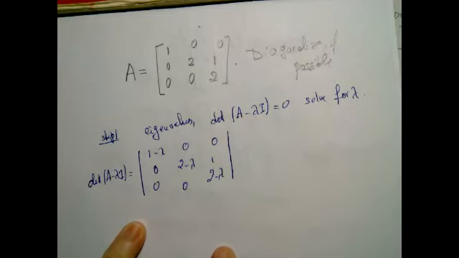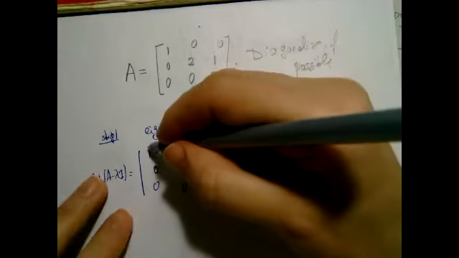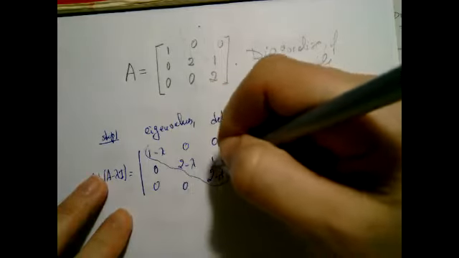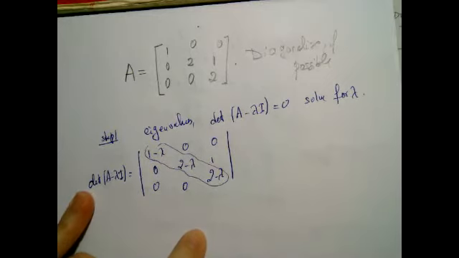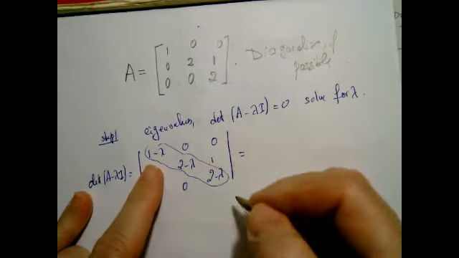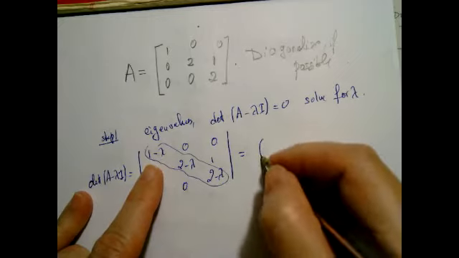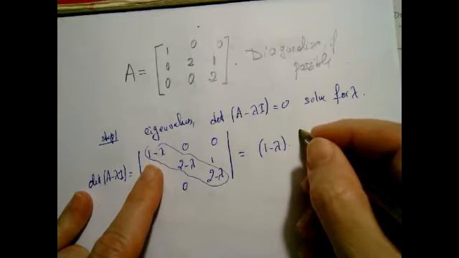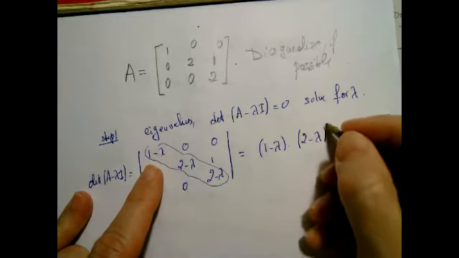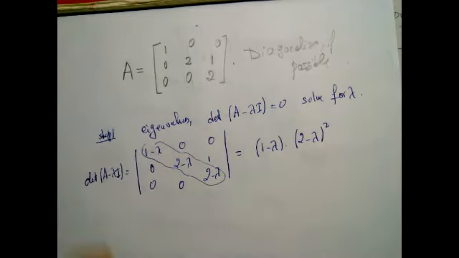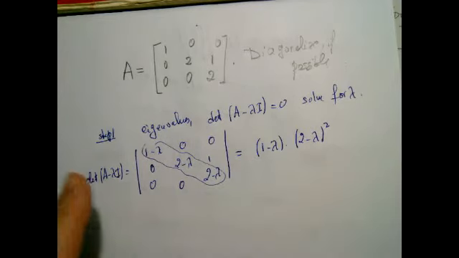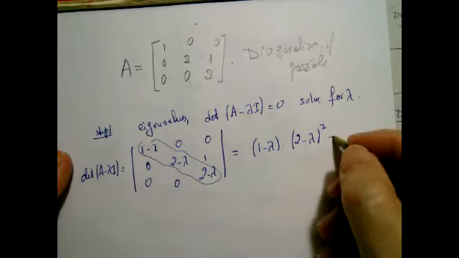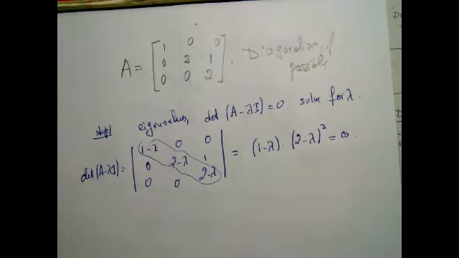Remember, I mentioned last time that this is actually what we call a triangular matrix, because everything above the diagonal is 0. So if you have a triangular matrix, then the determinant is the product of the terms along the diagonal. So this is 1 minus lambda times 2 minus lambda squared. Or you can compute the determinant, it doesn't really matter. So this is equal to 0.